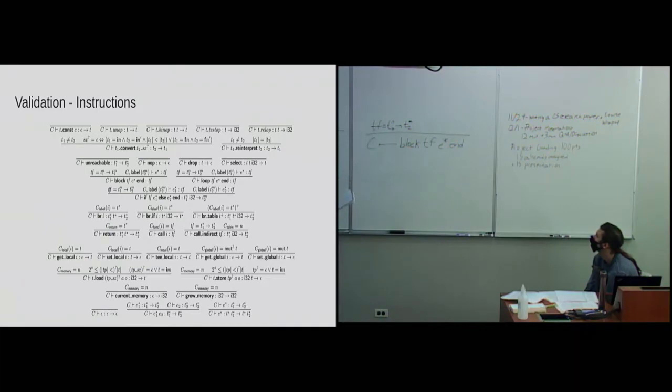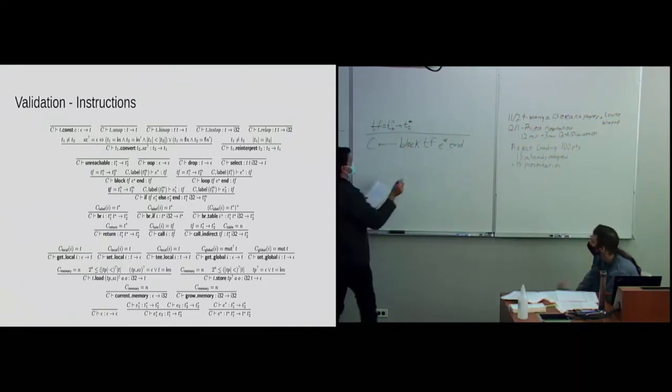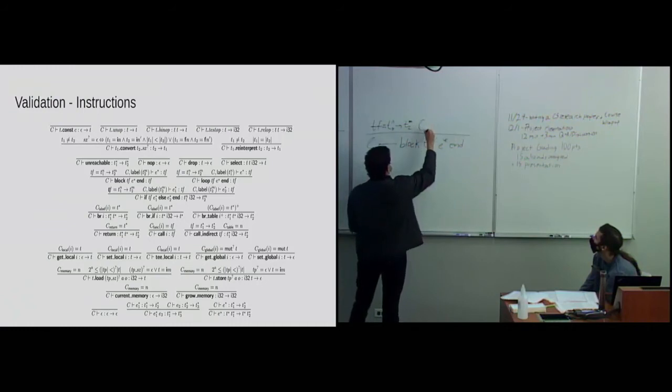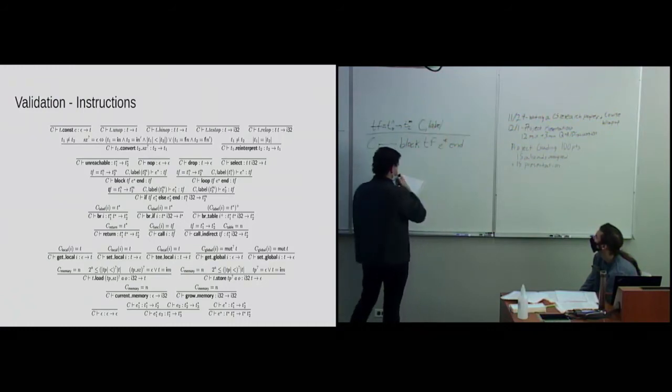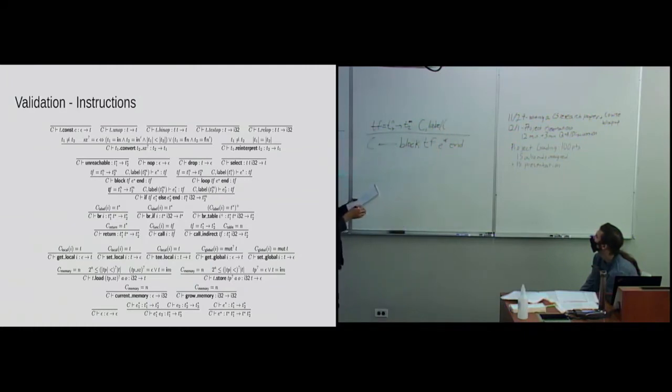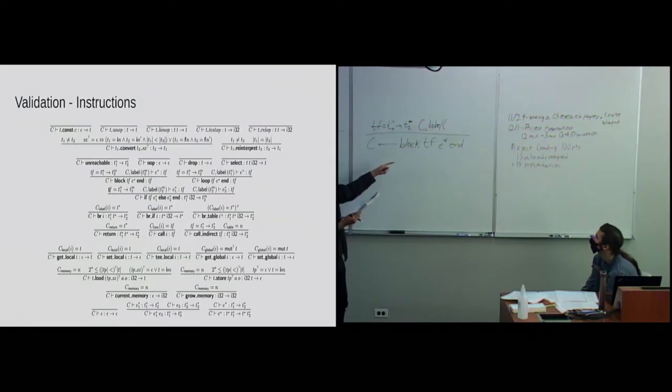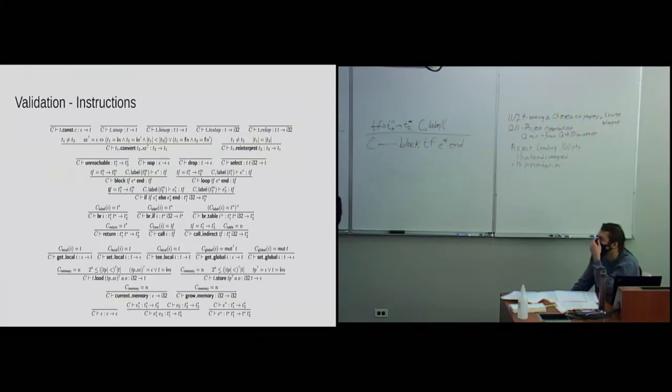And then what you want to do after that also is append a new label to the context. And this label has to have a type associated with it. And this type, for a basic block statement, a label has to have the type of what it expects to be at the end of the stack once you branch out of that block.